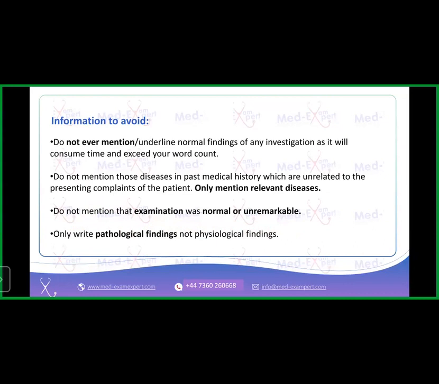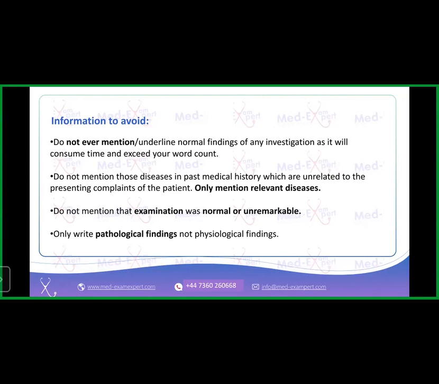For example, positive findings means if you did an examination and there was something, for example, there was a patient in the case notes, and he had his urine culture or urine complete examination. And you can see there are a lot of parameters we can check in urine complete examination, but we will only write those findings which will be positive.